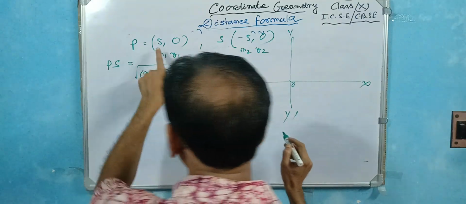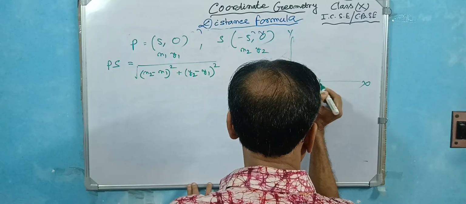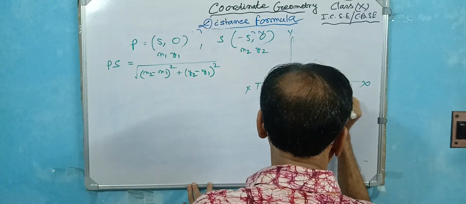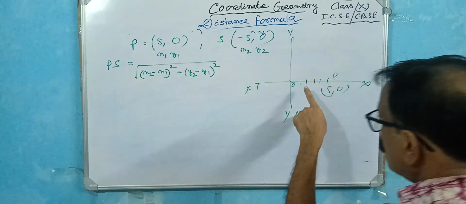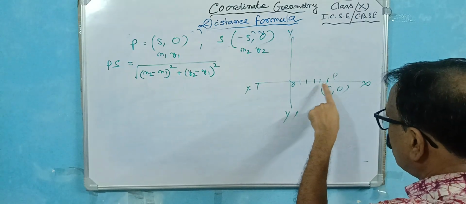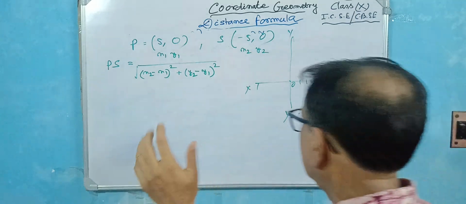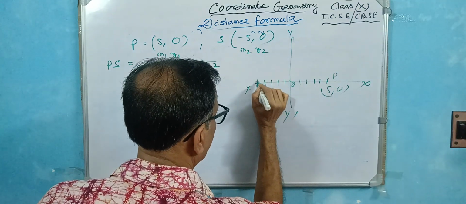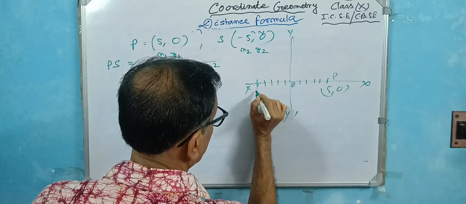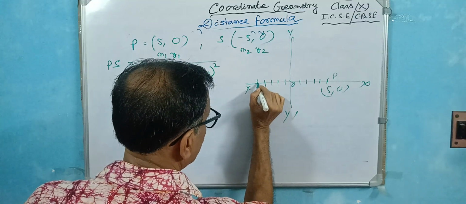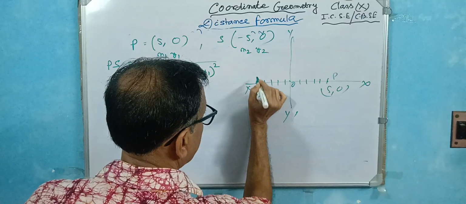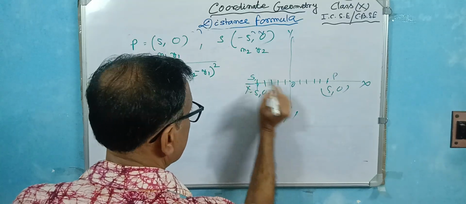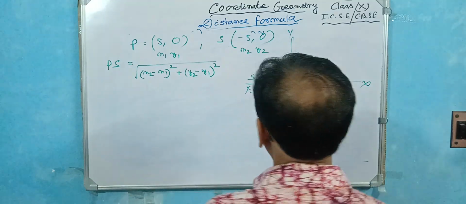Now P (5, 0), that means 1 2 3 4 5, this is 5 and y is 0. So P is actually (5, 0) here, and S is (-5, 0), that means 1 2 3 4 5. Okay, so this is -5, and (-5, 0) means this position. Actually you find out PS, suppose this is PS, so that means you calculate the distance.